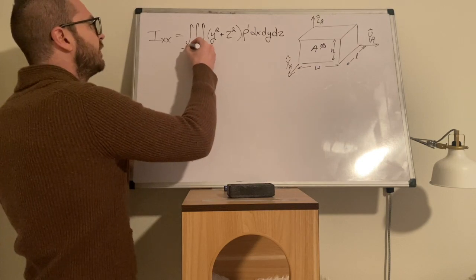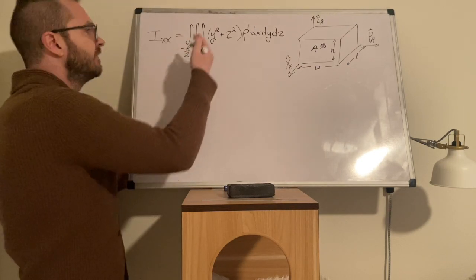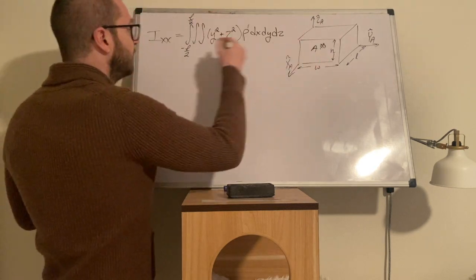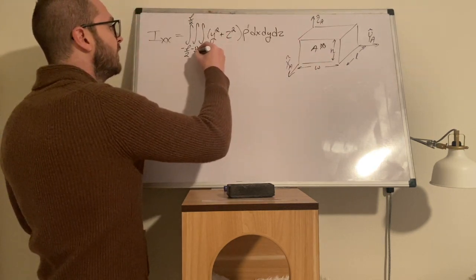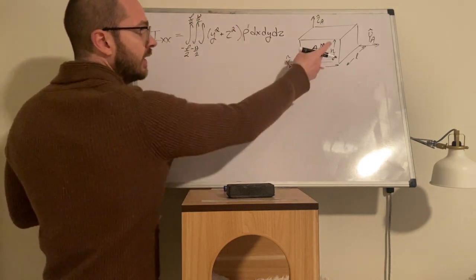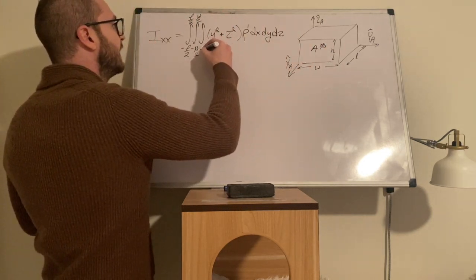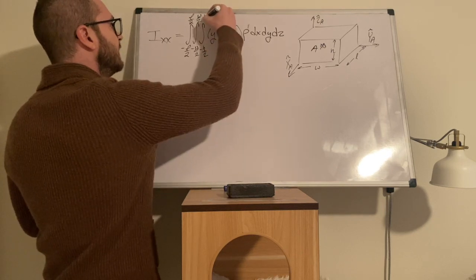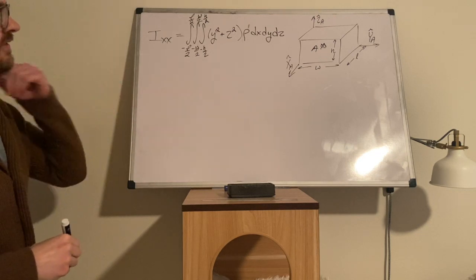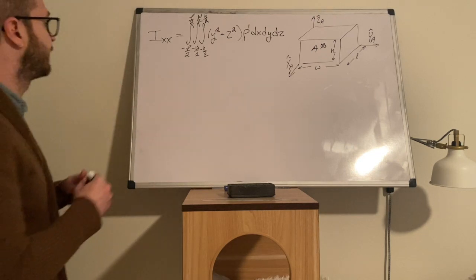So really, formally about the center of mass, this is negative length over 2 to length over 2. Width is in our y direction, so negative width over 2 to width over 2, and the height, h, is our z, so negative h over 2 to h over 2. All right, let's take care of the x first.